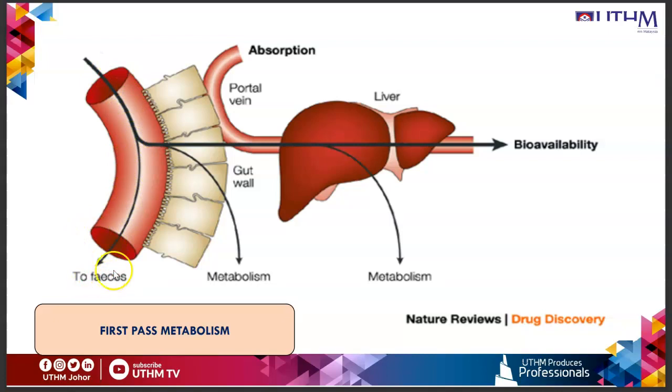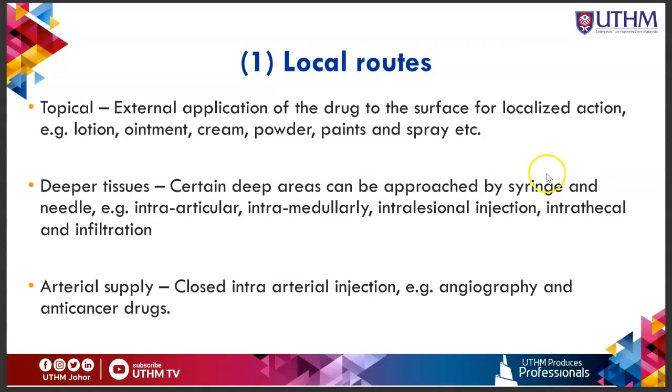So this is the route when we administer it locally. It's first metabolized, and bioavailable to the body. Right, local routes, topical external application of the drug to the surface for localized actions, for example, lotions and cream.